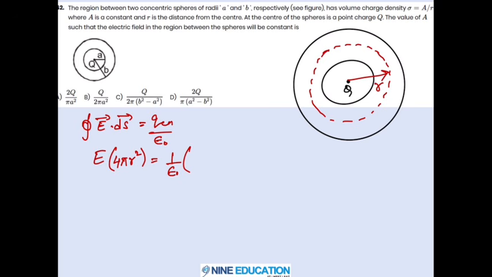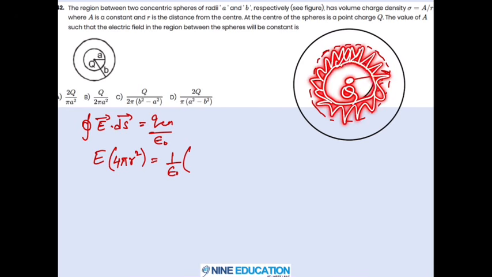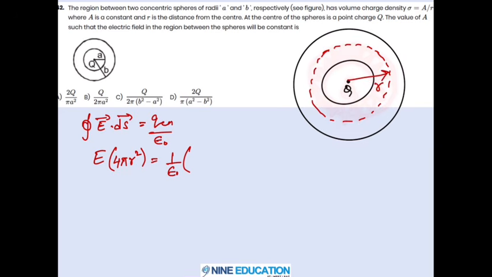Q enclosed is this charge Q and whatever is the charge that is included in this shaded region between this inner shell and the Gaussian surface. So basically Q plus, I can write that as small q. Small q is the charge that is present in this region. Got it?